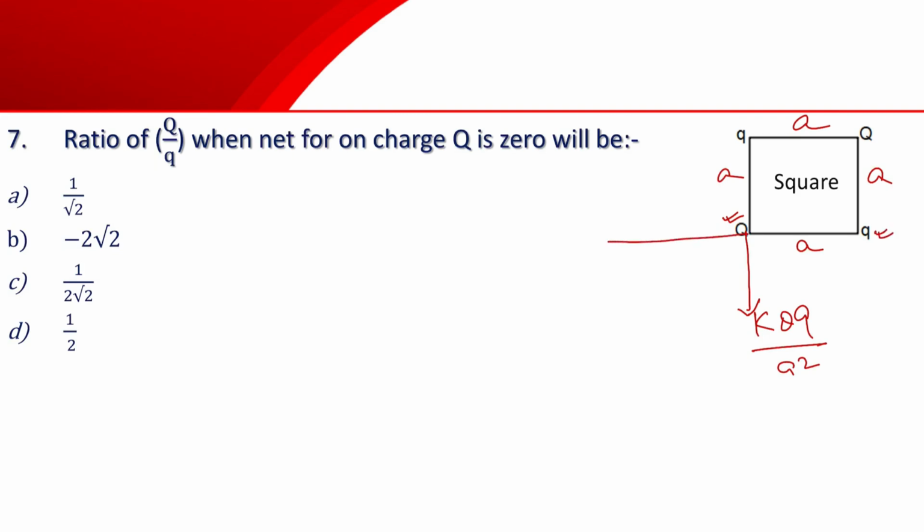The force due to this small q on this capital Q will be in this direction, because it will repel if we take the same sign. Then it will be kQq by A square.